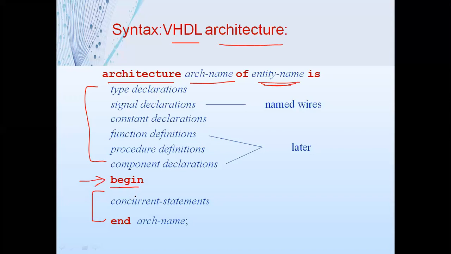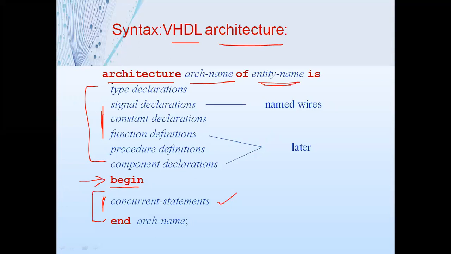The statements above the begin are the declarative statements, and the statements below the begin keyword are the statements of the architecture body, which consist of concurrent statements and sequential statements.